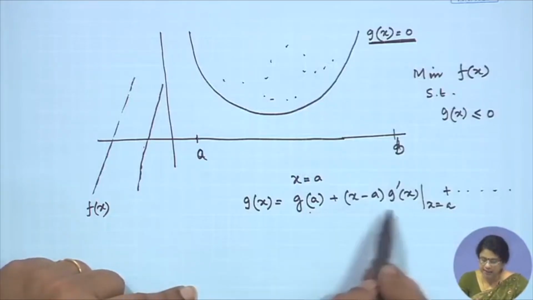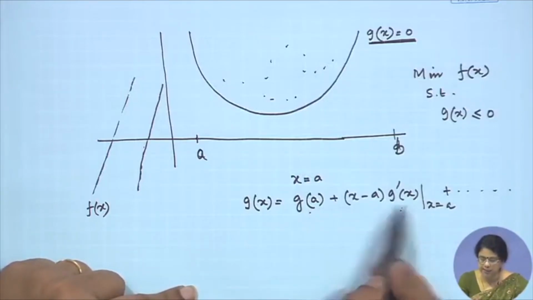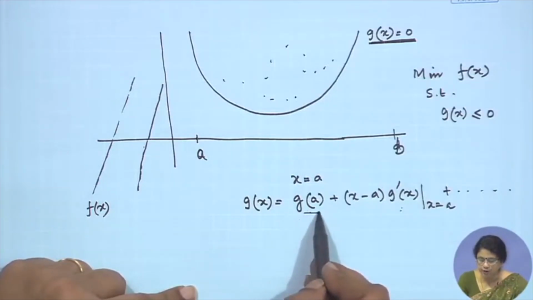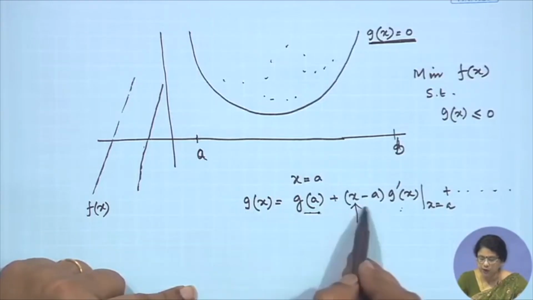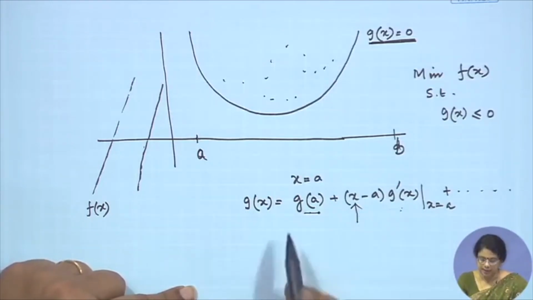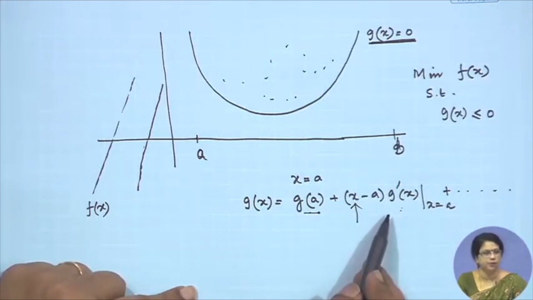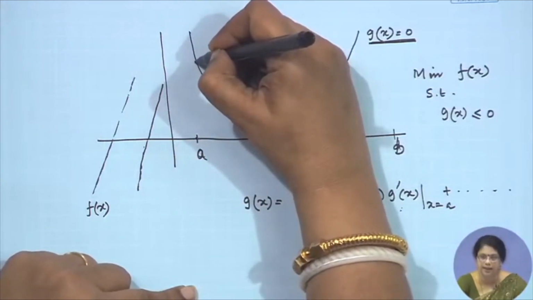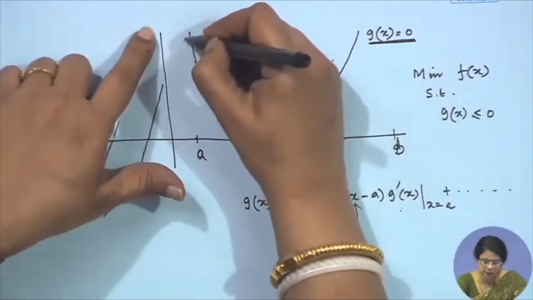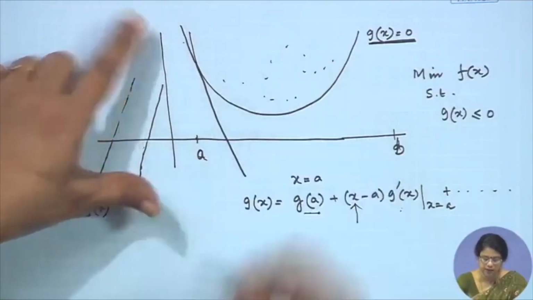If I consider just these 2 terms, then g(a) is a constant value, only x is involved here, so it becomes a linear function. This nonlinear function will be approximated with a linear function.